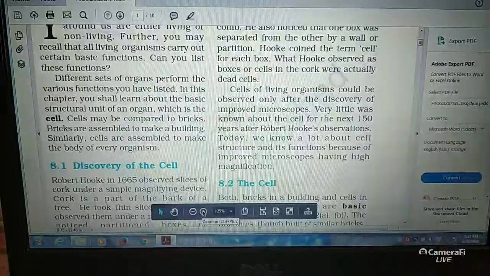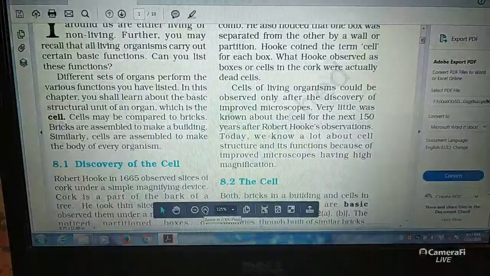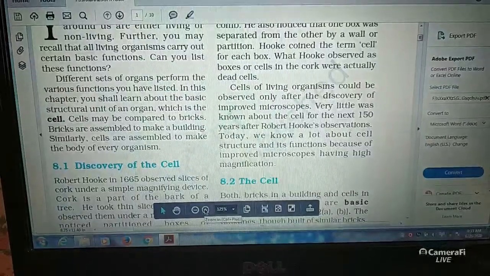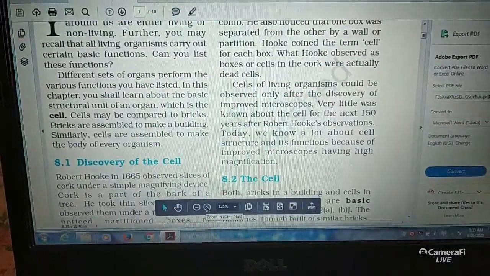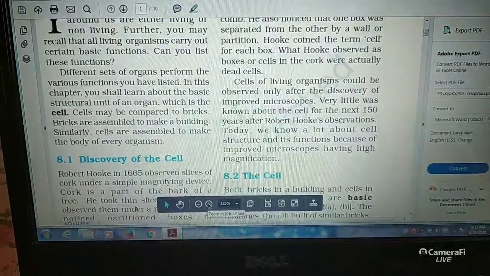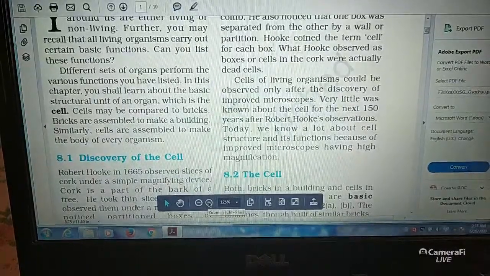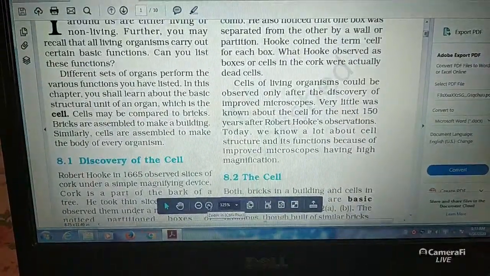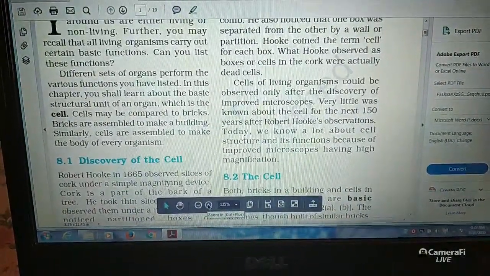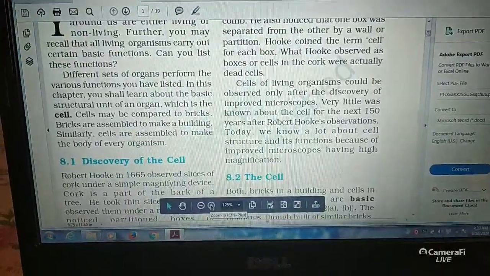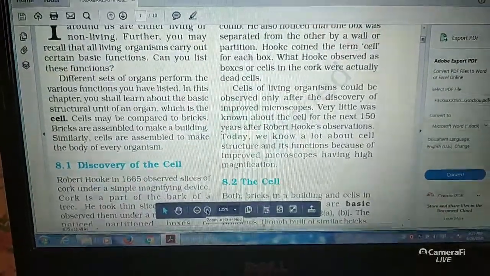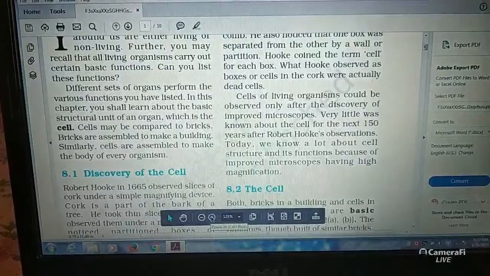So the classrooms are the organs, and class 8 is compared with a system. Organs 8A, 8B and 8C together form an organ system.